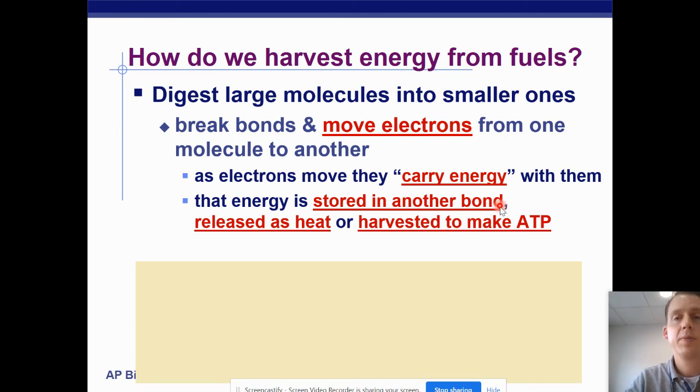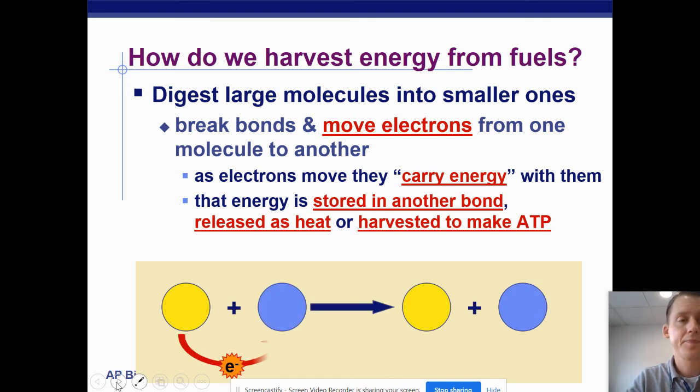So there are three places where that energy that's taken by those electrons from the bonds can get stored in another bond. We can release it as heat, or we can make ATP with it. So in most of the examples we talk about today, one molecule is going to lose an electron, and that electron is going to move to another molecule.